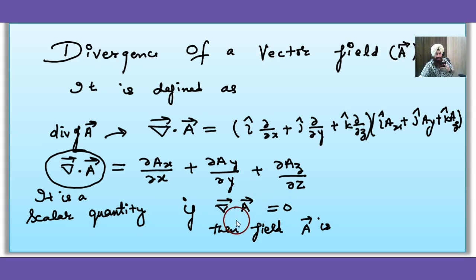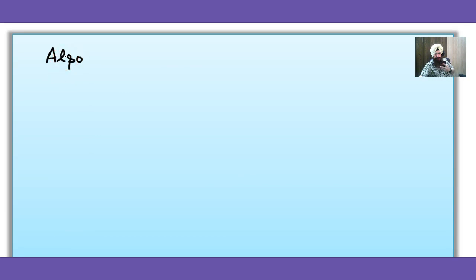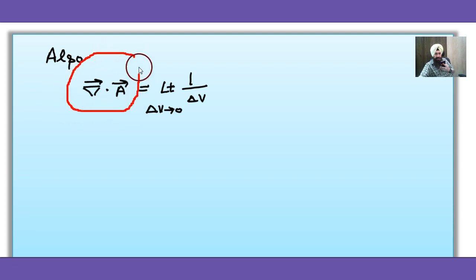Second, the field is present, but the angle between del vector and A vector is 90 degrees. If the angle is 90, then the dot product becomes 0. So if del dot A equals 0, that means the field is solenoidal, A is called solenoidal.